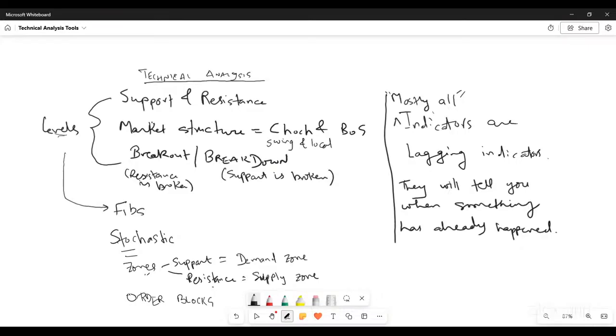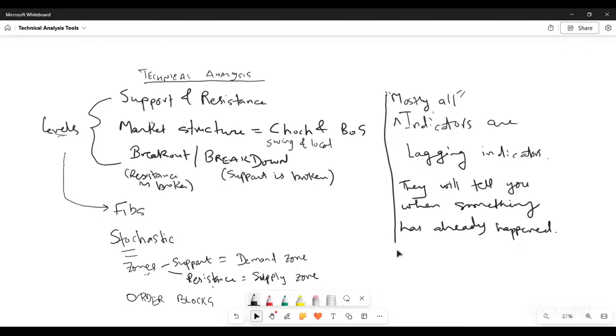Order blocks you can also look at in the chart. If you can pick up the demand zones and supply zones, most of the time you will find that these order blocks sit in those zones. Wherever you find a big order coming in, it will create a zone. If the order is for selling, it will create a supply zone. If the orders are coming for buying, it will create a demand zone. I'll show you some examples of how to pick those up.